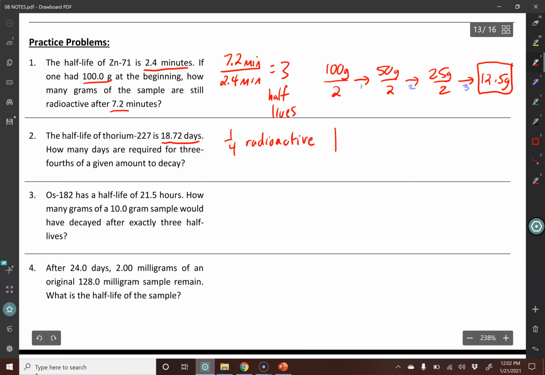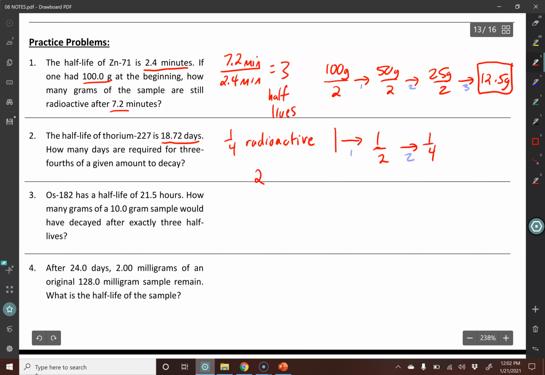Okay, so I know I would start with 1. And if I divide that by 2, I'd end up with 1/2. If I divide that by 2, I would end up with 1/4. So that looks like 2 half-lives would have to elapse.